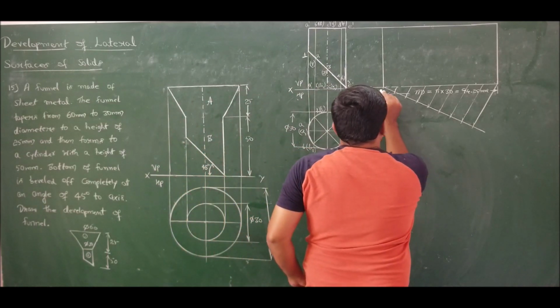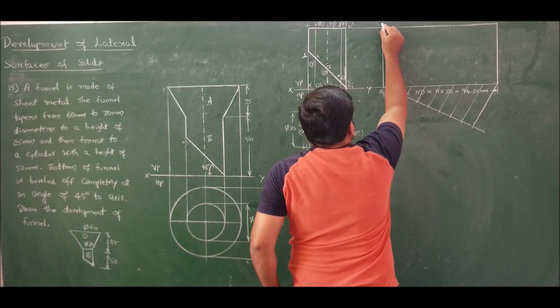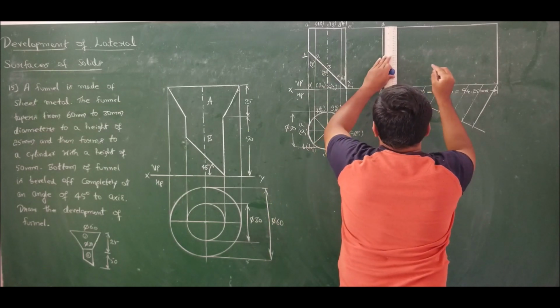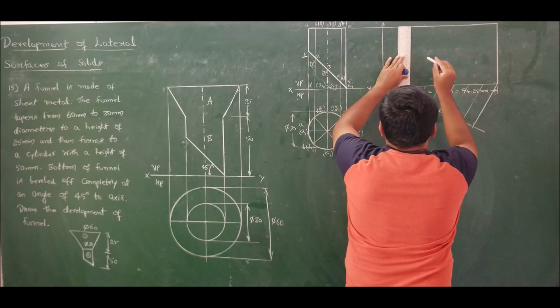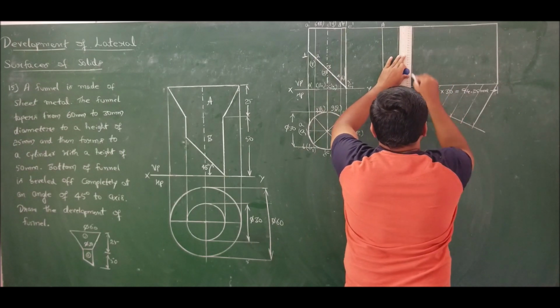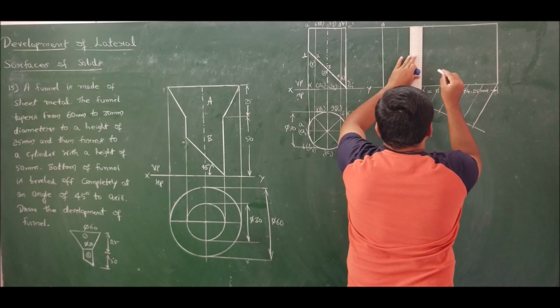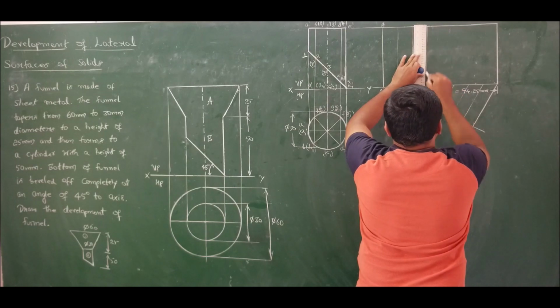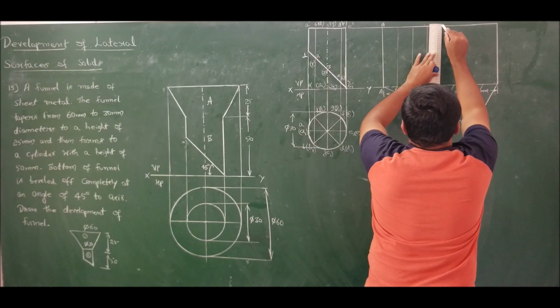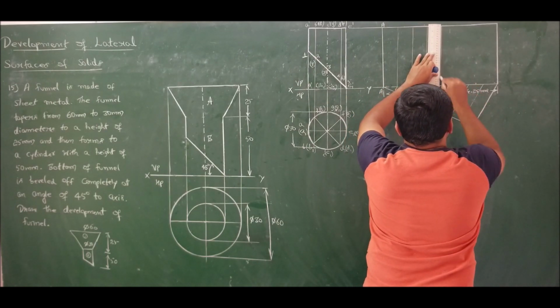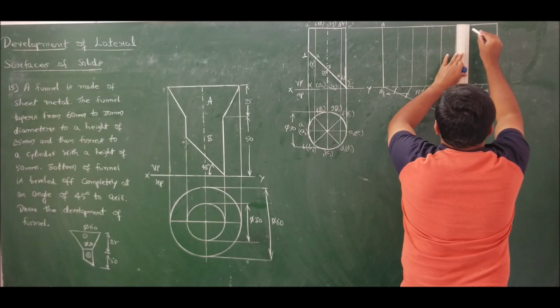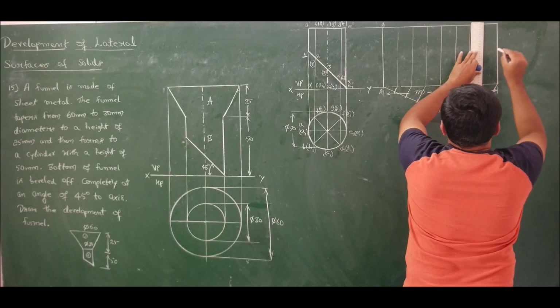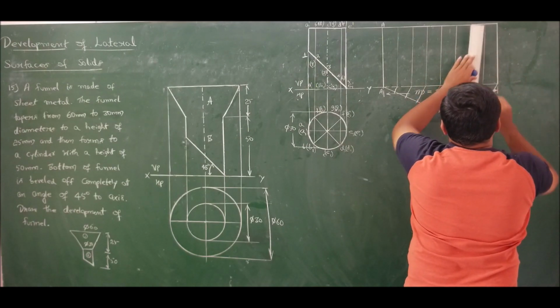Now we can call this A1 A. There is nothing like these longer edges in the case of a cylinder. Therefore draw very smooth, very thin vertical lines like this.